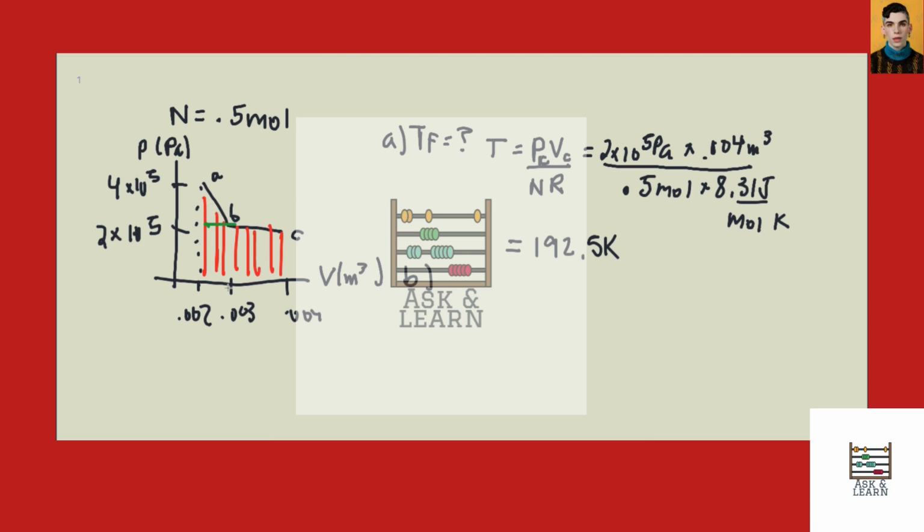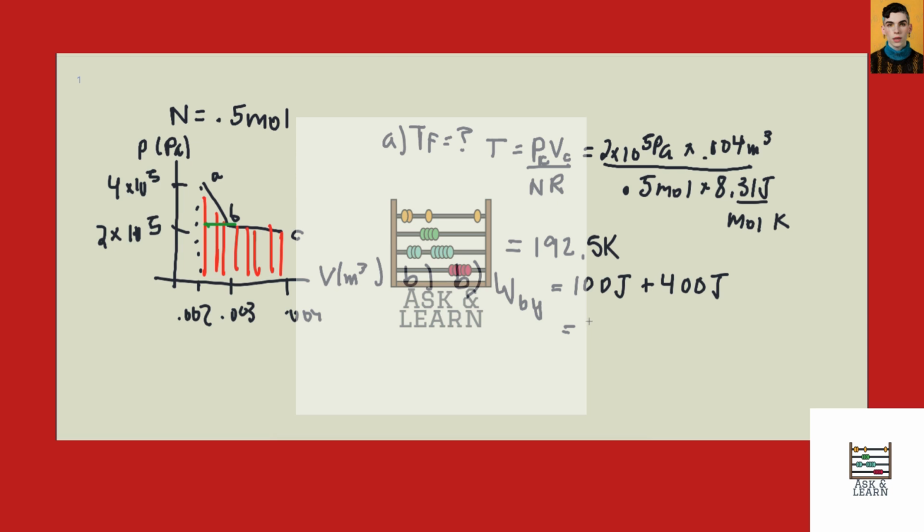The area of a rectangle is just length times width. So the work is going to be equal to the area of the triangle, which is 100 joules, plus the area of the rectangle, which is 400 joules. I can also write out how I got those numbers.